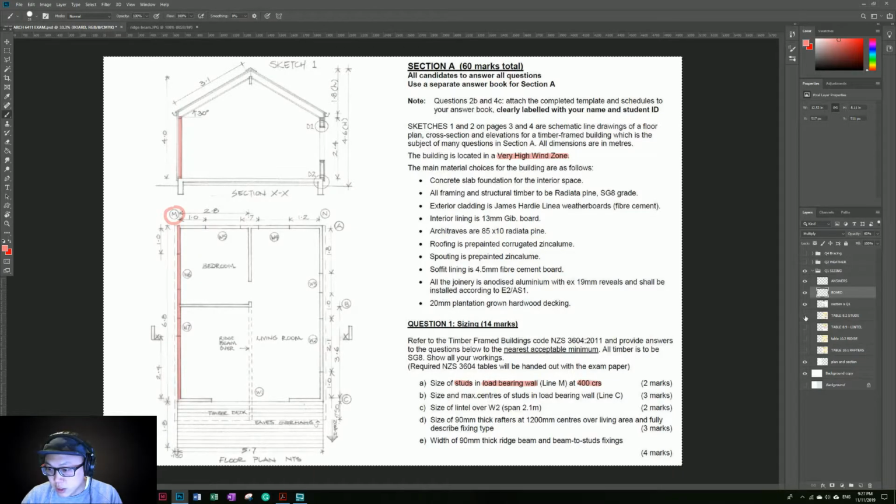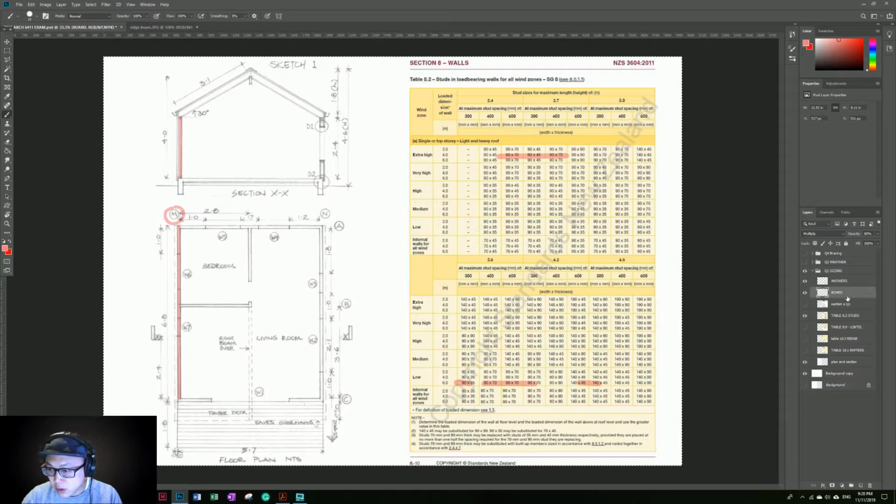So normally you would get this table there, and I'm just going to turn this one off. So we need to find the sizing at 400 centers. So let's just go here, and first what we know, it's going to be a very high.